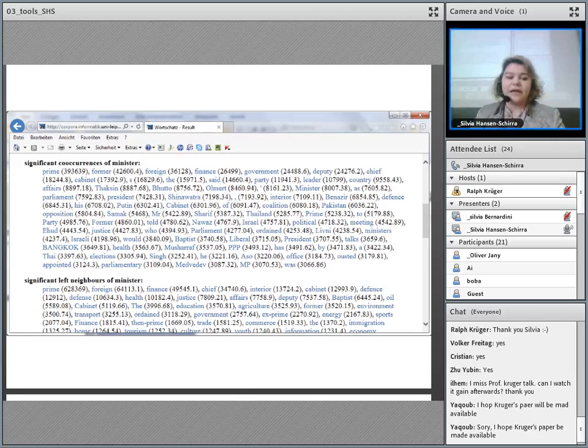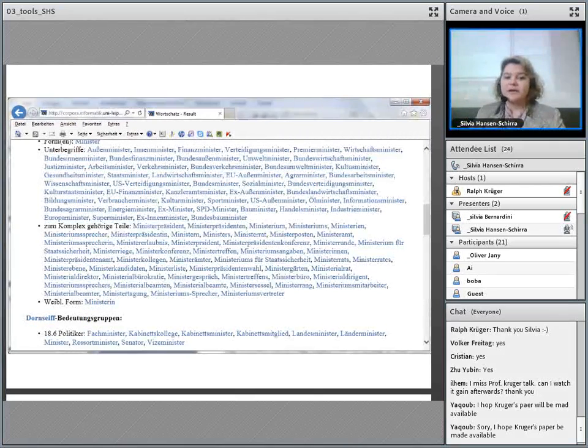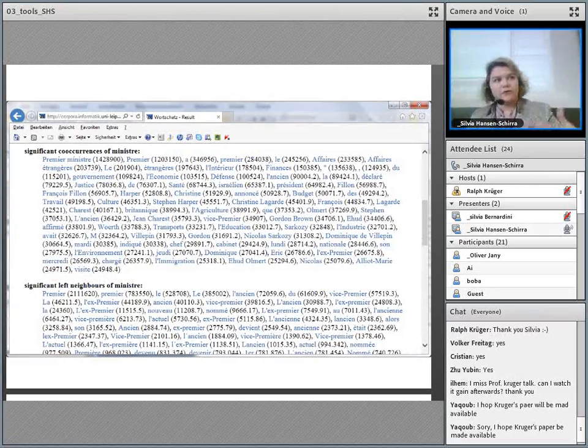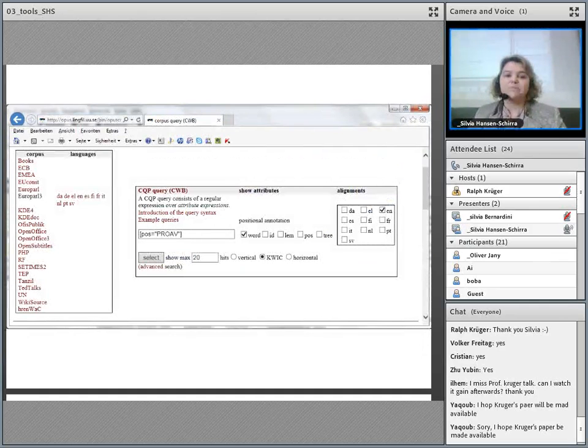For English, for German, here you also have a very nice terminological field which you can use very easily: Außenminister, Innenminister, and so on. And here again for French, which has to be filtered, of course. You have to go through it and filter out all the proper names, for example. But it's a nice start to do terminological work on this basis.